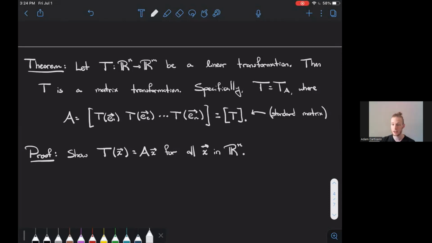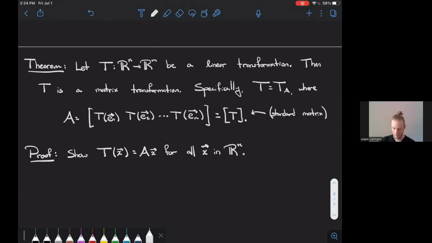When you do, you'll get n columns, and since the transformation went from Rn to Rm, it will output a bunch of column vectors with m entries. And so A is an m by n matrix. We call it T in brackets, and we call it the standard matrix for T.